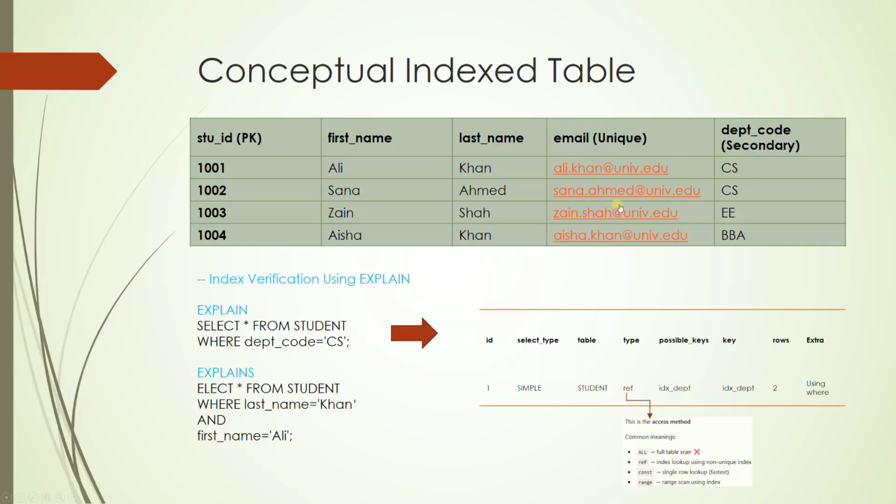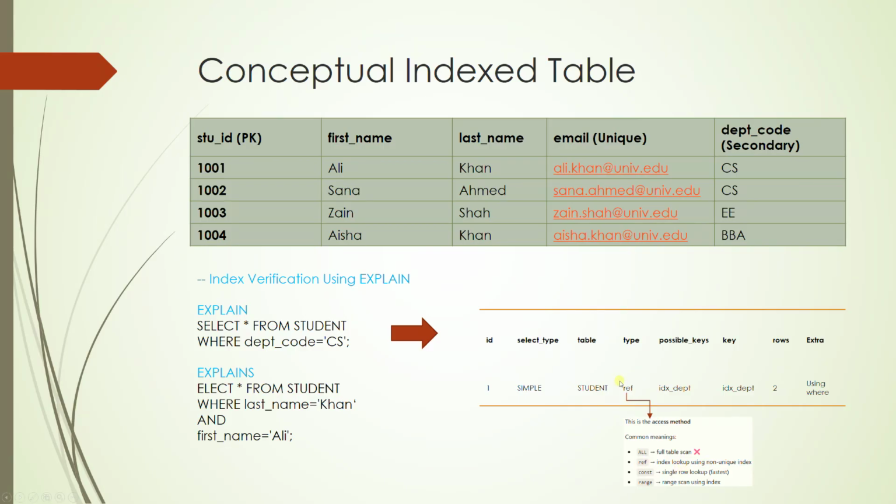So this is how, if we run this explain select query, it will show us that a simple select statement has been used, no subquery has been used. This is on the table student, and this is the most important one, type. This ref characteristic tells us that it is not a full scan of all records but an index one.